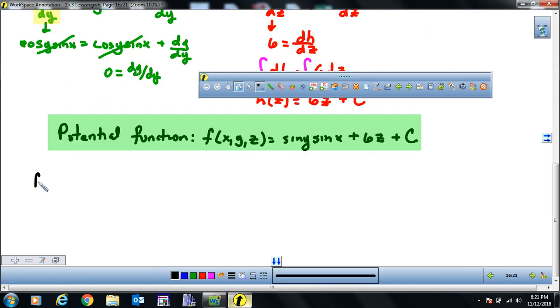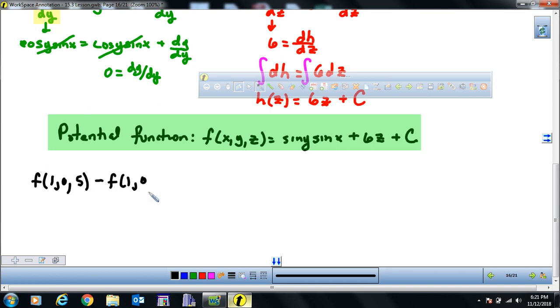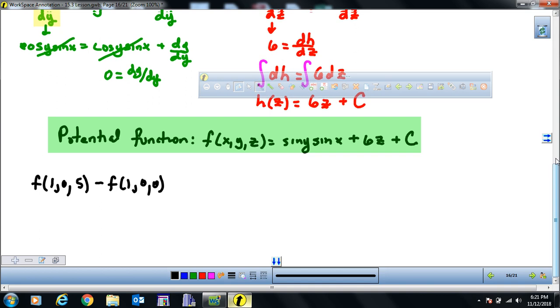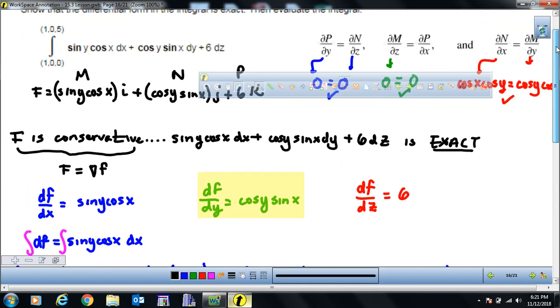Okay, f of (1, 0, 0). Oh, I have to do f of b first. f of (1, 0, 5) minus f of (1, 0, 0). Is that what it is? Yes.